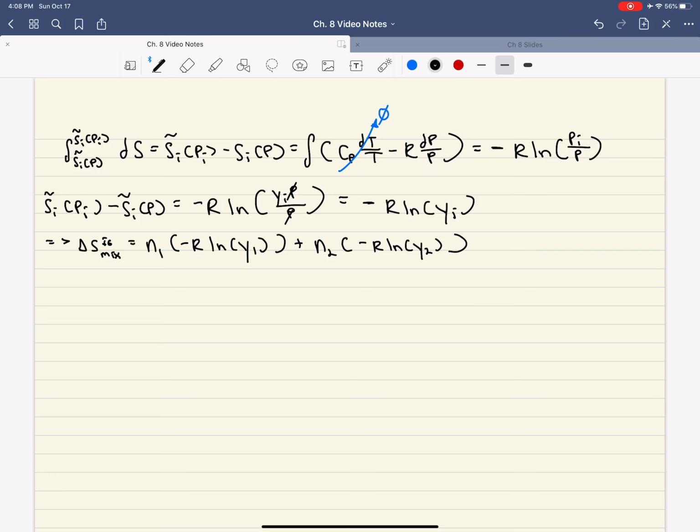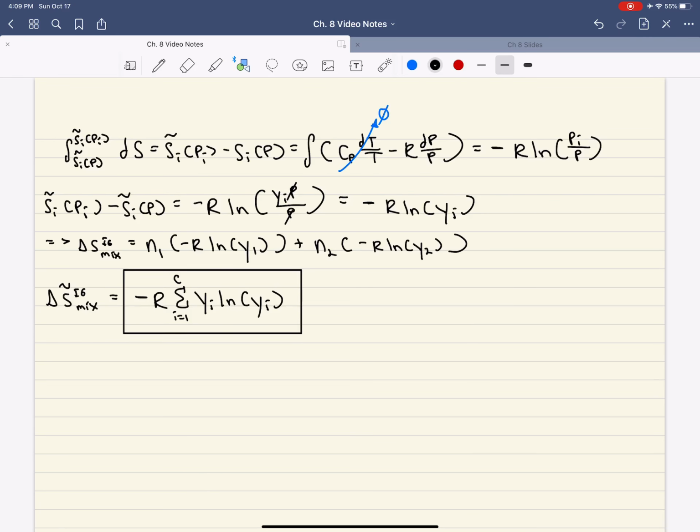If I factor out a total n, we could turn these into mole fractions as well. And then if I divide by n, what I would have is delta S mix molar for an ideal gas is equal to negative R times the summation of yi ln yi. So this is just the general formula.